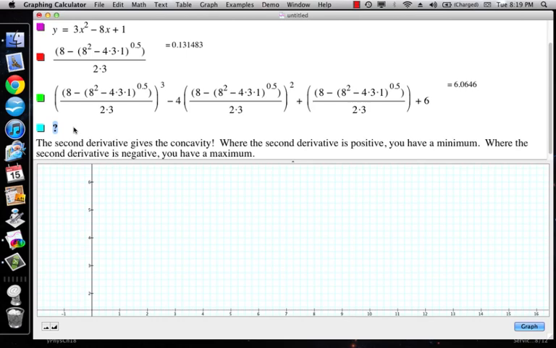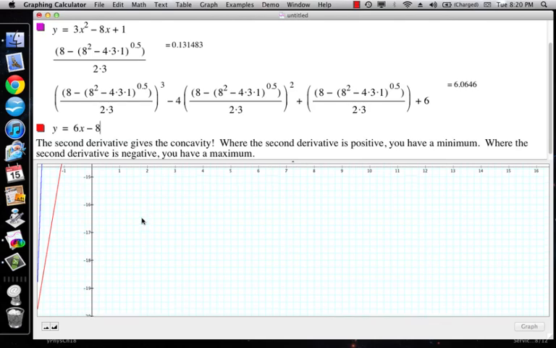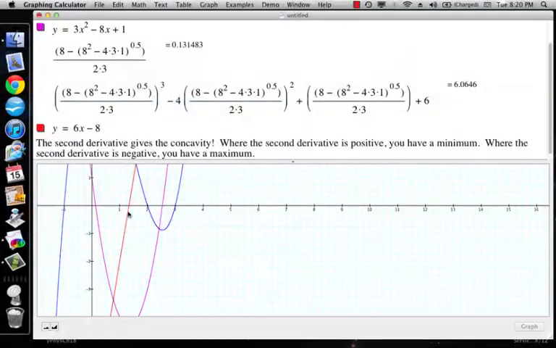Take the second derivative of that, y equals 6x minus 8. Boom. Well, look at that. Right here, this is my second derivative.